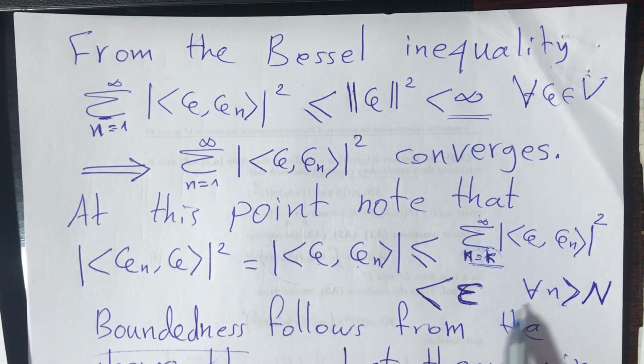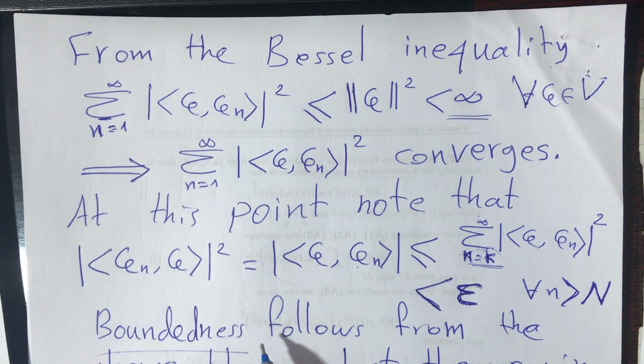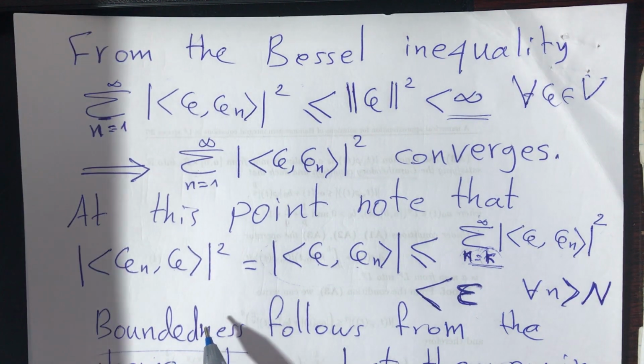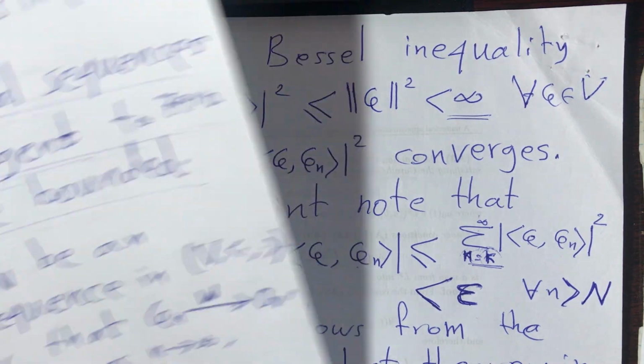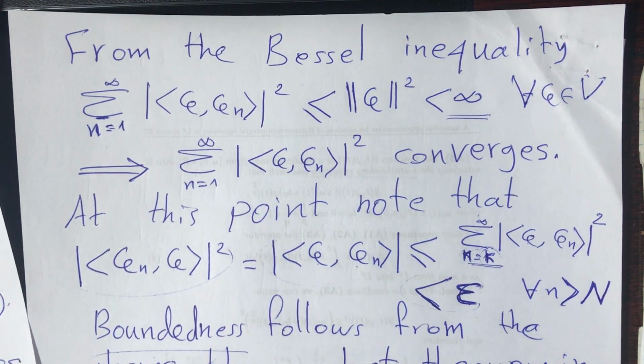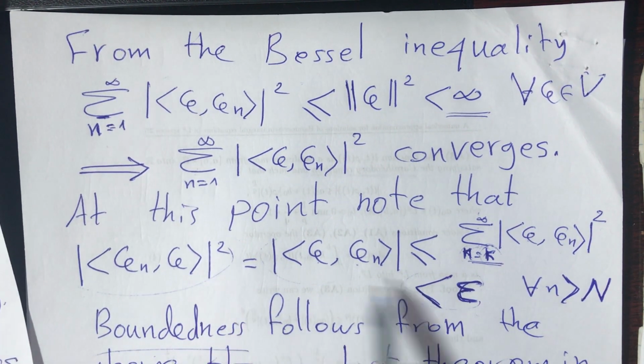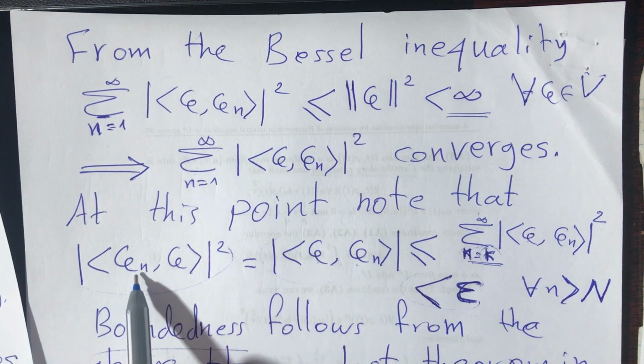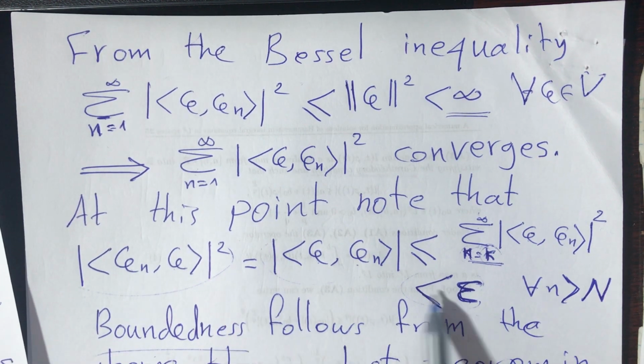So this is less than epsilon for all n. That means we proved that this will be less than epsilon, and if epsilon goes to 0, this goes to 0.